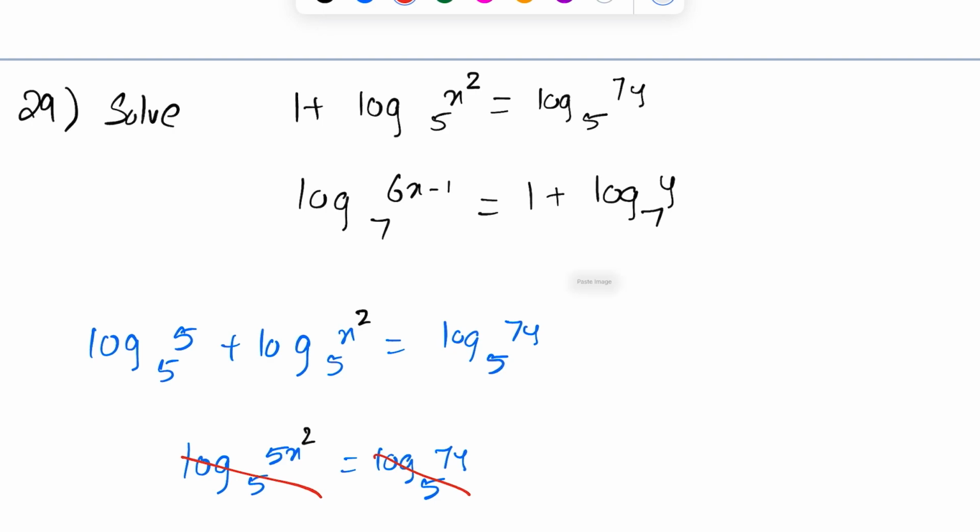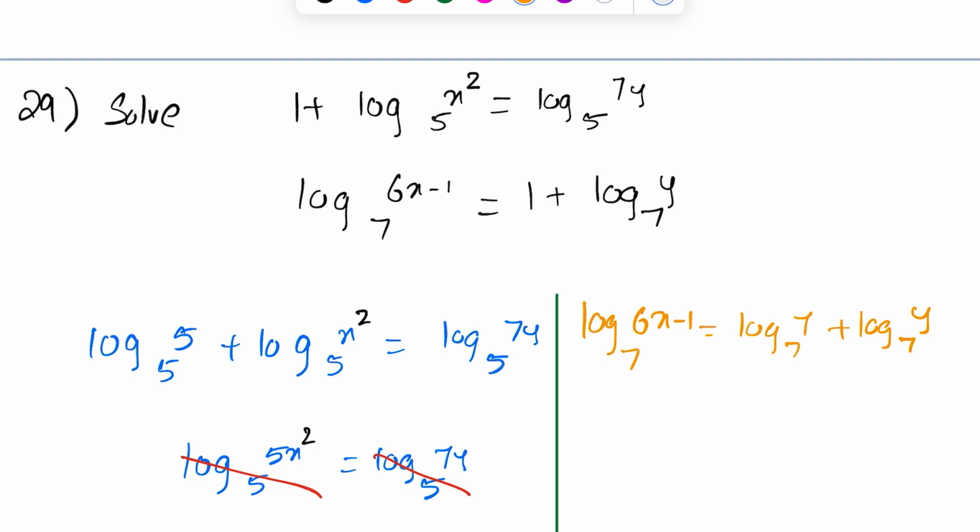Now come to the second one. What was the second one? Log of 6x minus 1 to the base 7 equals 1, and 1 can be written as log 7 to the base 7 plus log y to the base 7. So it becomes log of 6x minus 1 to the base 7 equals log 7y to the base 7.